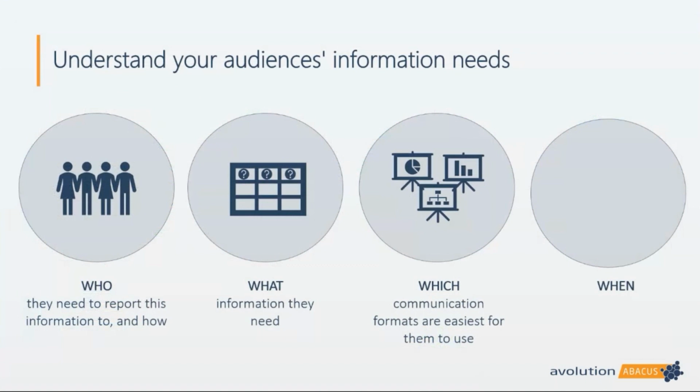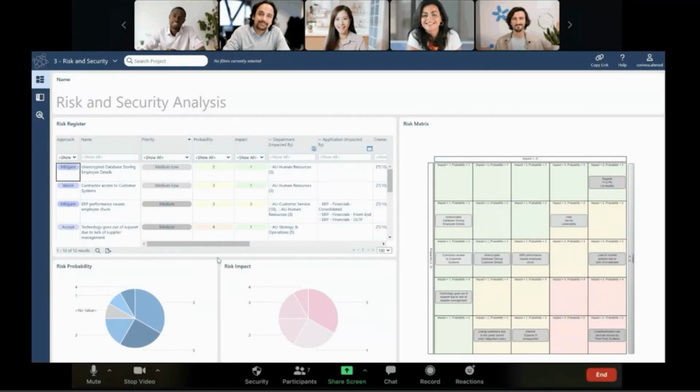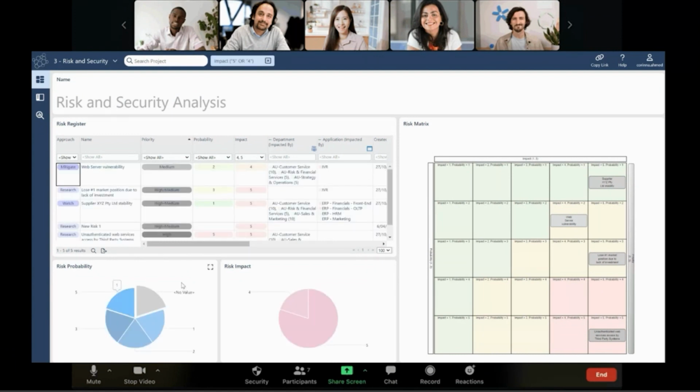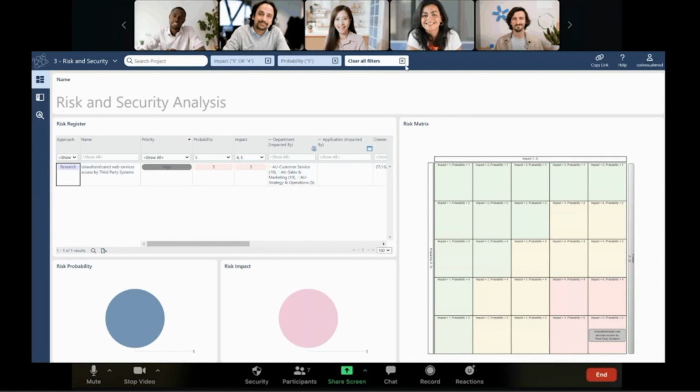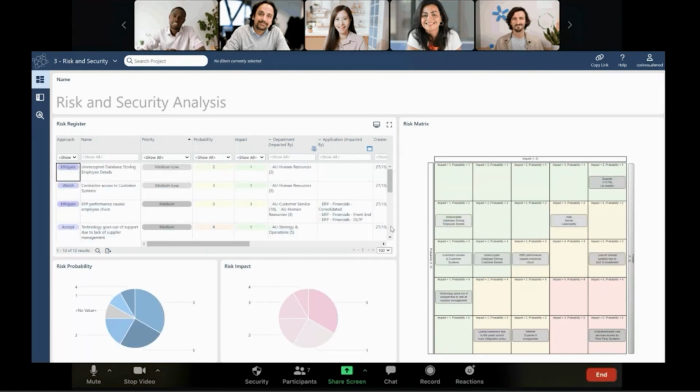However, self-service isn't always the right approach, which is why we also have to carefully consider when to deliver communication. For example, walking high-level decision makers through risks and their mitigation strategies might be something stakeholders expect during a meeting.